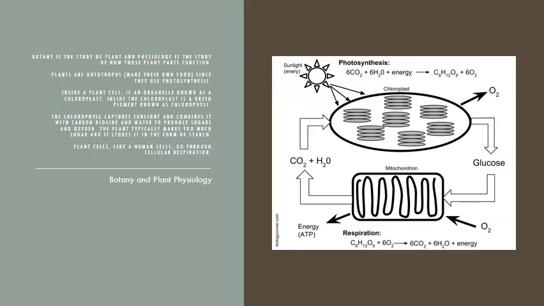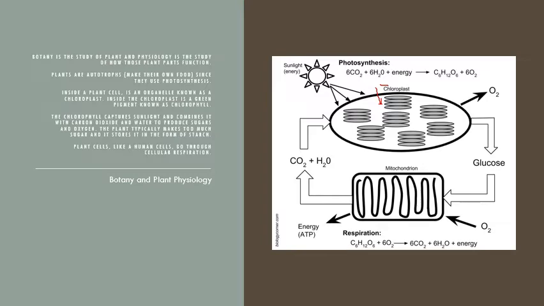So inside a plant cell, there is an organelle known as chloroplast, and inside the chloroplast is a green pigment known as chlorophyll. So right here, this says chloroplast, and this is showing you the inside, and what looks kind of like little pancake stacks, that's really the chlorophyll.